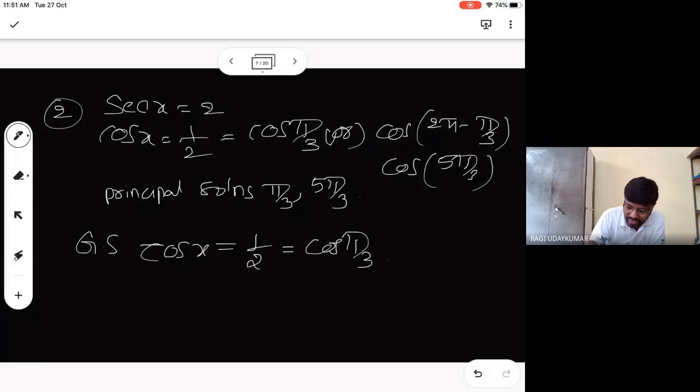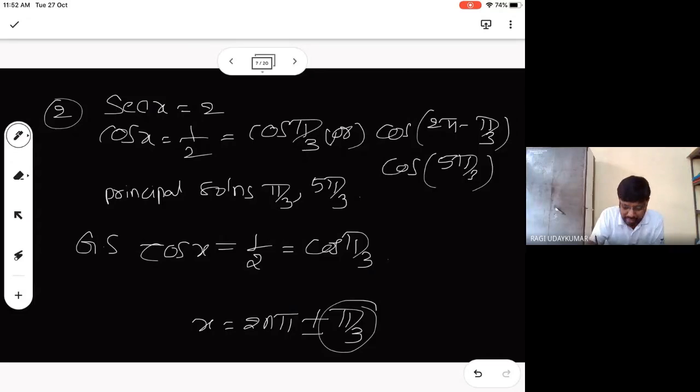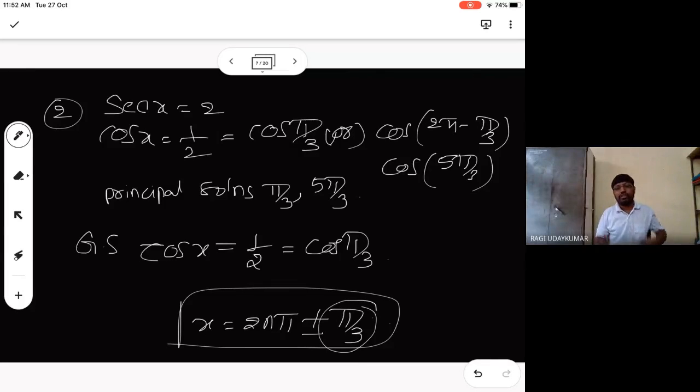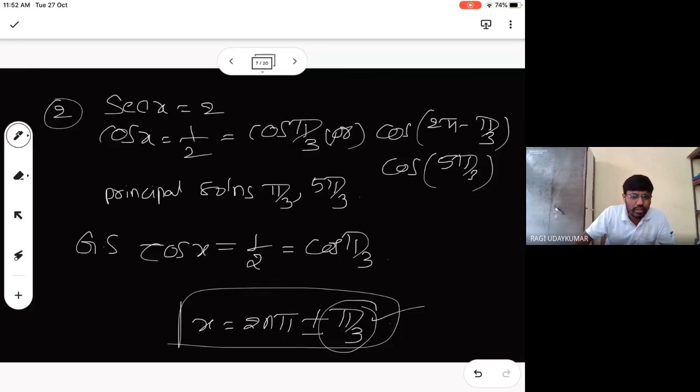So x = 2nπ ± π/3. In this place you can write π/3, 5π/3, or 7π/3 also, that is also a correct answer for the general solution. But usually we write the first angle, starting from 0, which will satisfy it. So like this you can do the third problem, it is very simple, not very difficult.